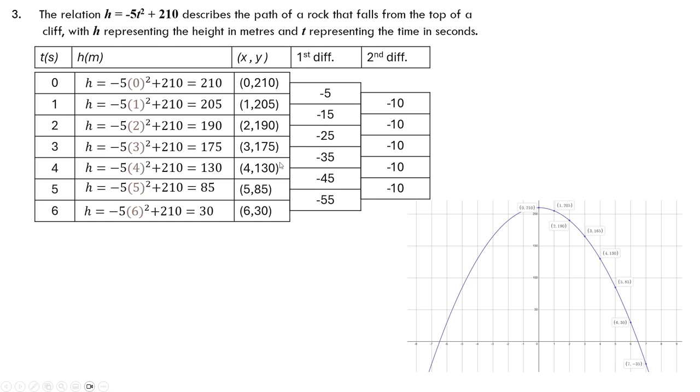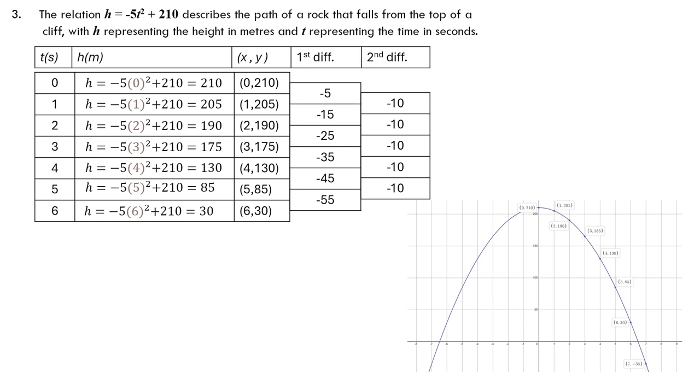And so on, working our way down, calculating the difference between this value and this value, this value and this value, and we end up with a series of first differences that are -5, -15, -25, -35, -45, and -55. Because the first differences are changing, because they are not constant, it seems like we have a parabola.